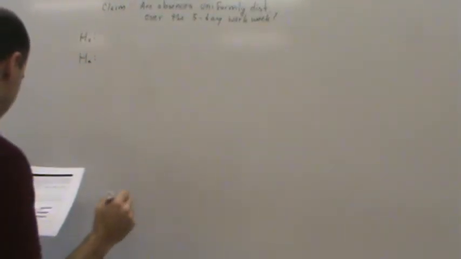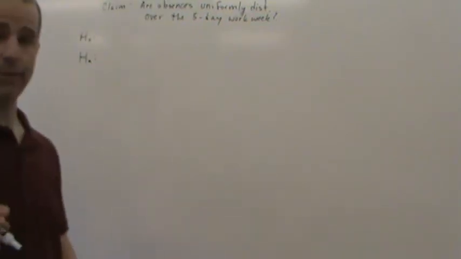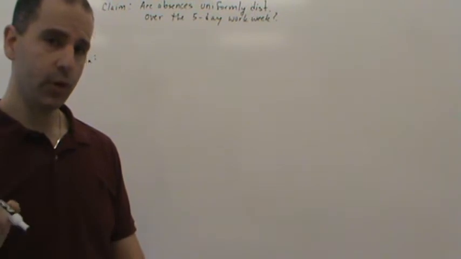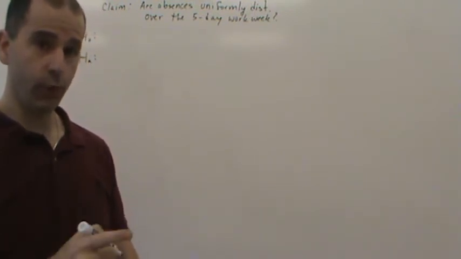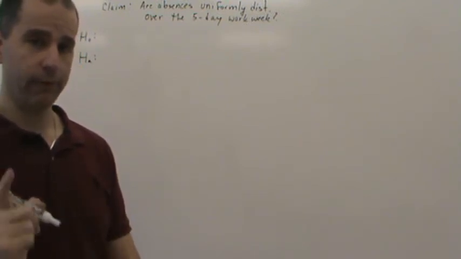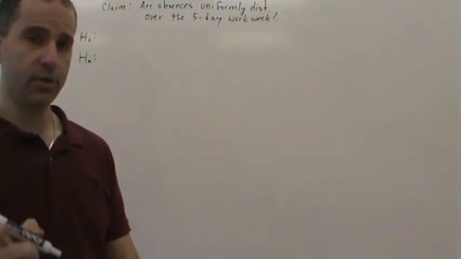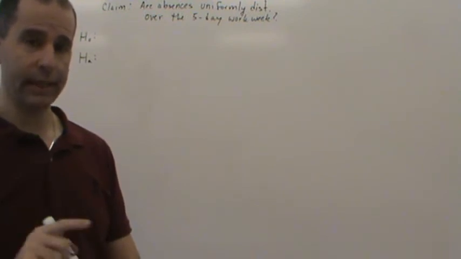So what does that mean? How do we write that? Well, how many days do we have? We have 5 days. If we assume that absences were uniform across the 5-day work week, then what percentage of the absences would we think would fall into each day?